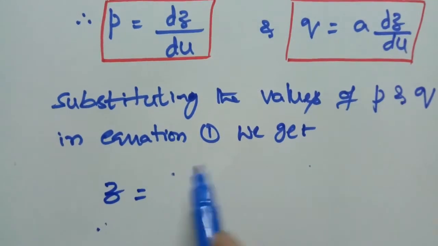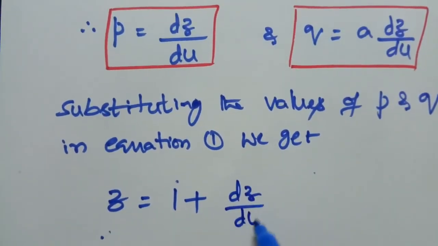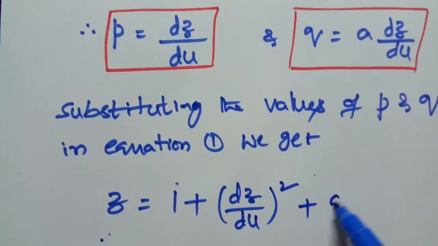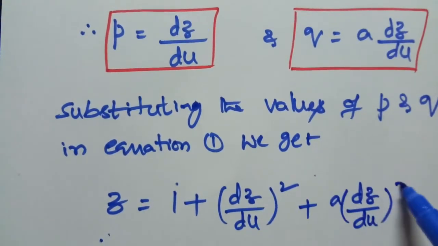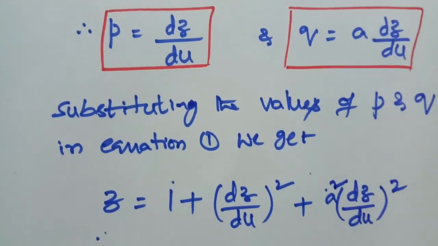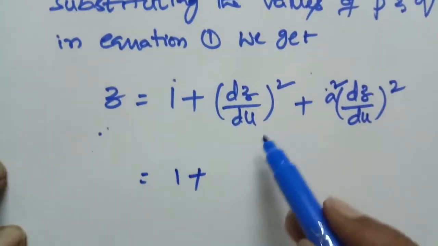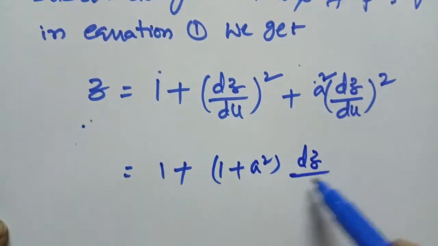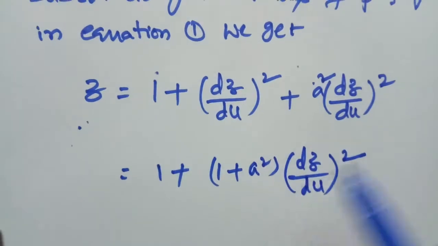z square is equal to 1 plus dz by du whole square plus a square into dz by du whole square. Therefore, this can be written as 1 plus dz by du whole square as a common factor, dz by du whole square into 1 plus a square.